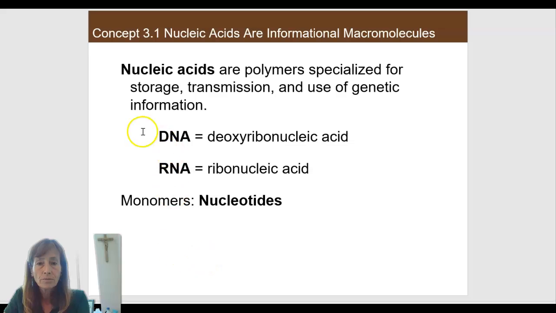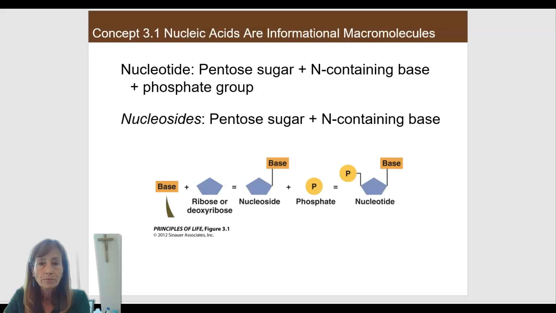So the two big molecules that are involved with this category are DNA, deoxyribonucleic acid, and RNA, which is ribonucleic acid. Now, when we look at the monomer units, we said that a nucleotide is the monomer for these different nucleic acids.